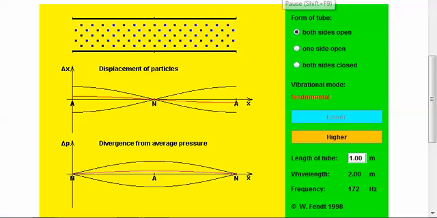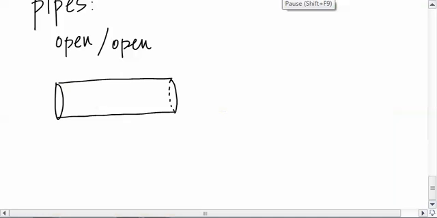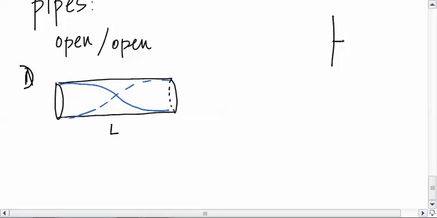Okay? So let's draw that simple wave in our pipe. So either it's like this or it's like this. This is the first one we can make. All right, so how much of a whole wave, now think about your sine wave reference right here. Okay, how much of a whole wave is in that pipe?